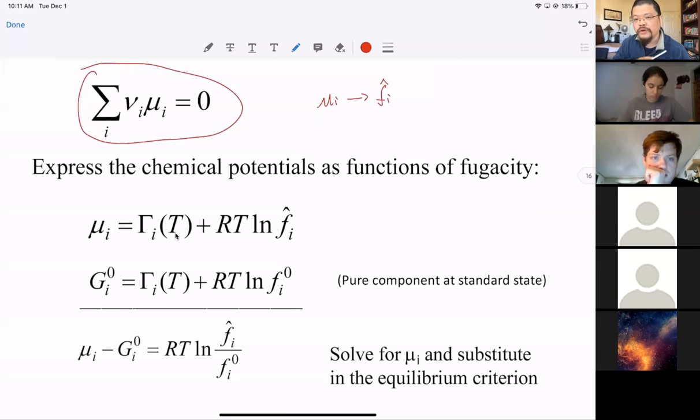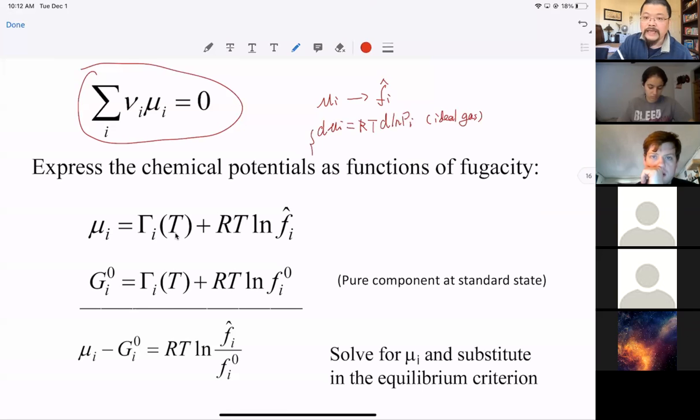When we replace the chemical potential calculation by fugacity calculation, we need to understand that this fugacity comes out of the comparison with ideal gas, which is RT d log Pi for the ideal gas.